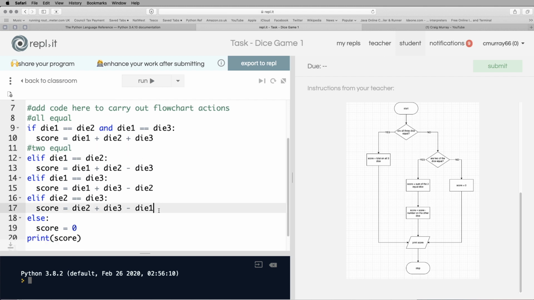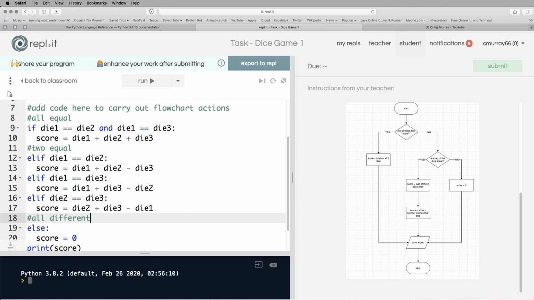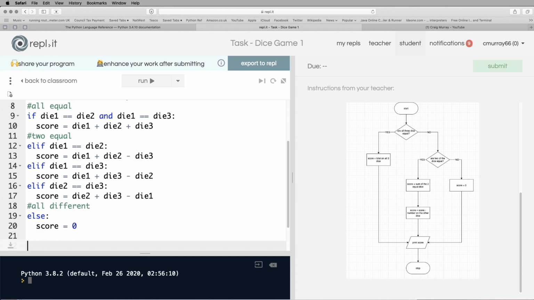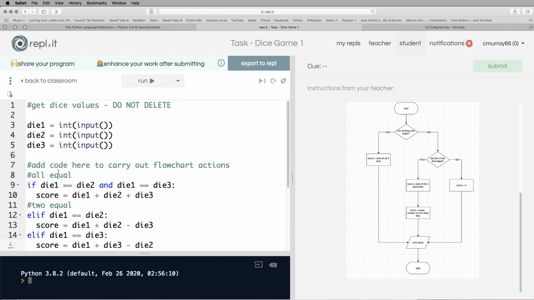And finally down here is all different values, and the last part is output the result. That's sufficient comments for me just now.